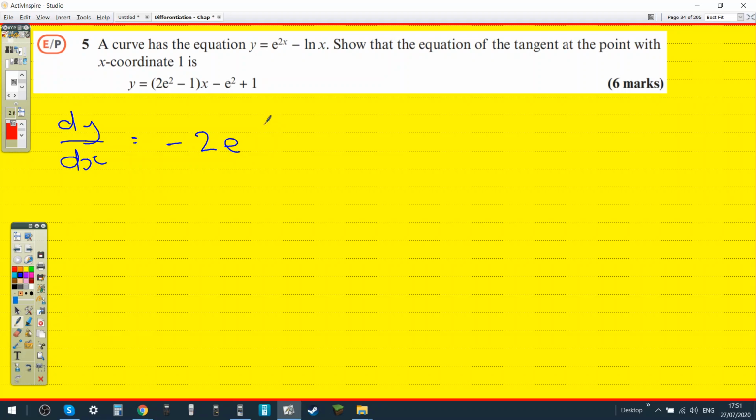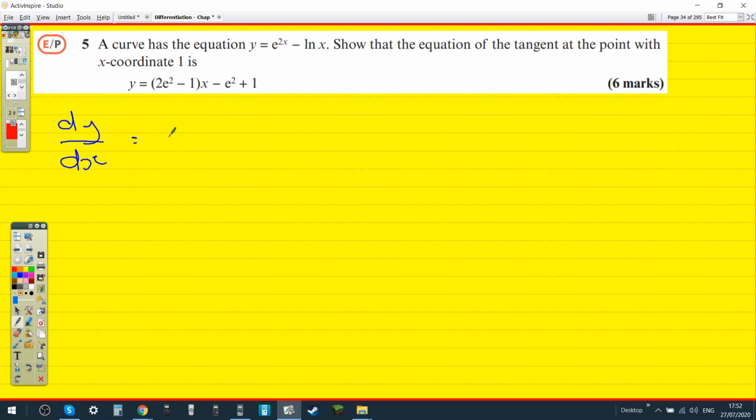So what are you differentiating? e to the 2x minus ln x. So it's 2e to the 2x minus 1 over x.